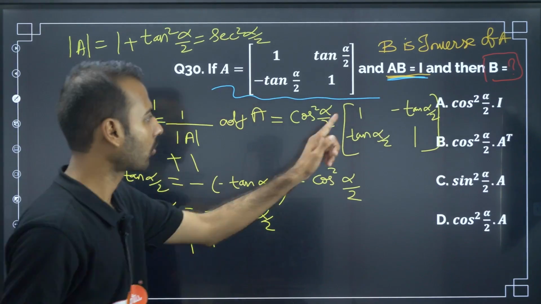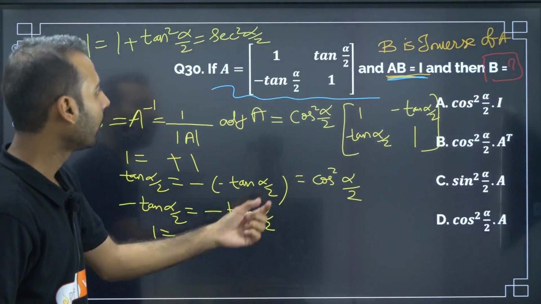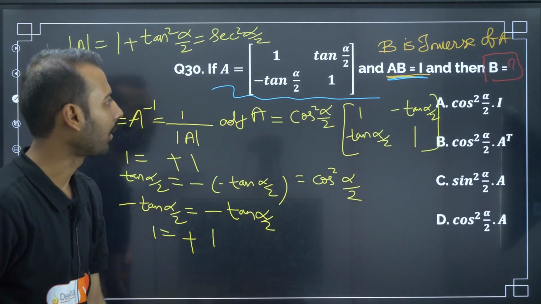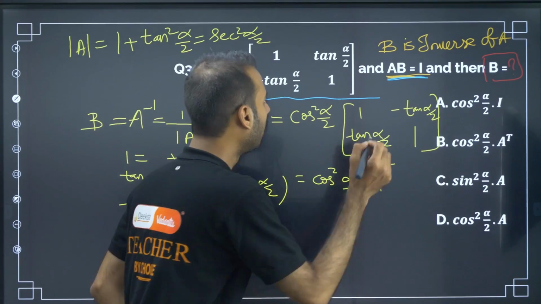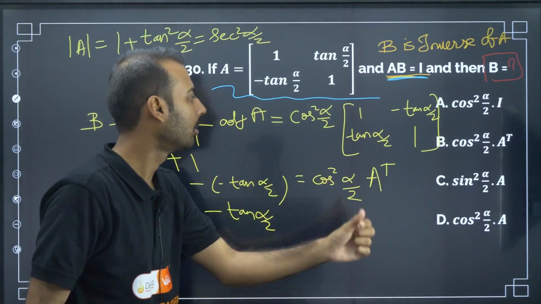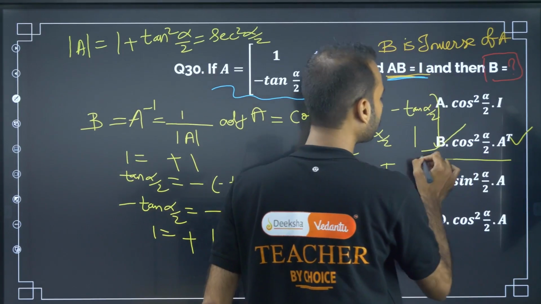If I go through the options, cos square alpha by 2 is there. If I observe this matrix, 1, minus tan alpha by 2, it is A transpose. So you are getting cos square alpha by 2 times A transpose. So B is the answer for this.